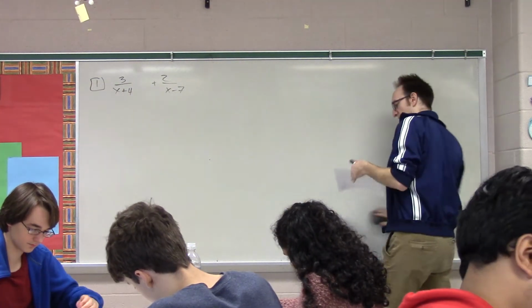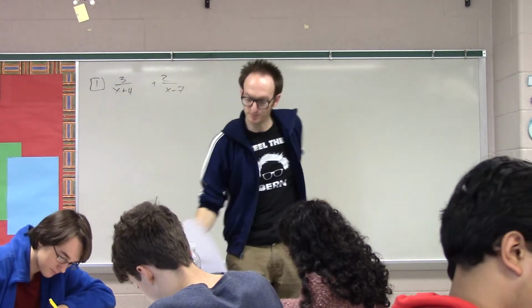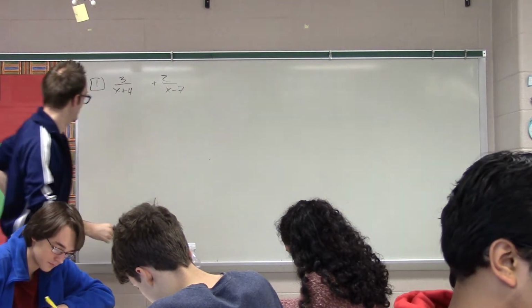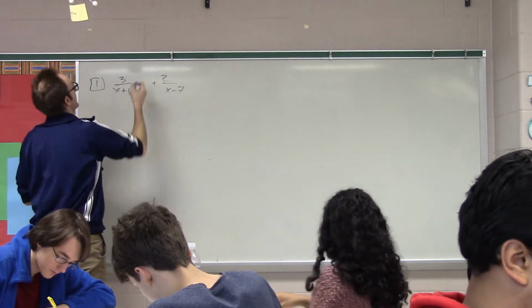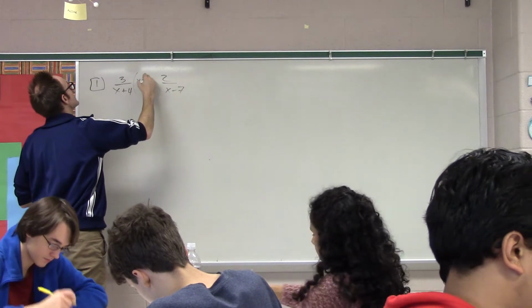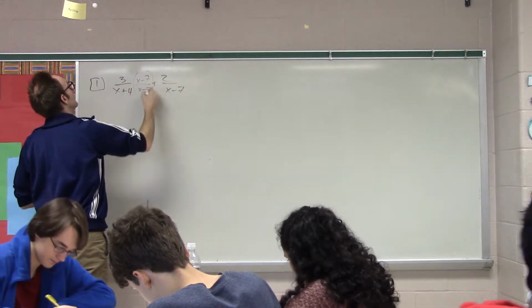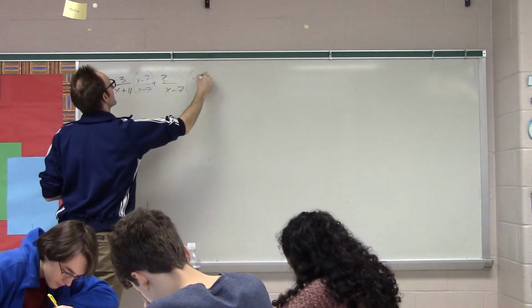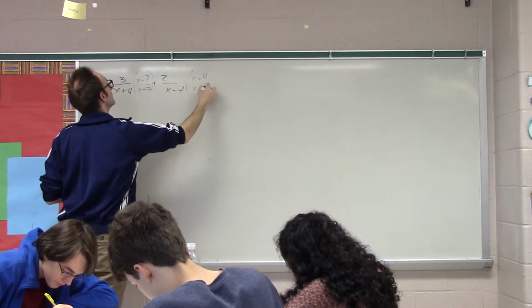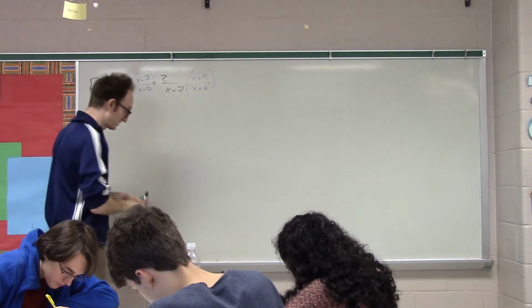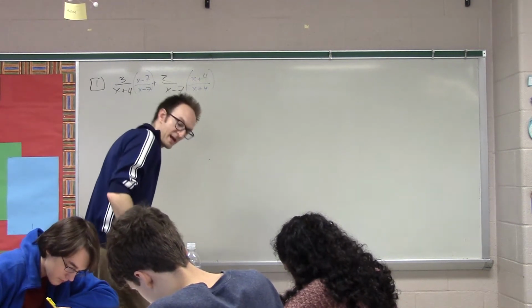There is a method. The method is to get a common denominator, and so we do a little bit of that. And you just multiply that.